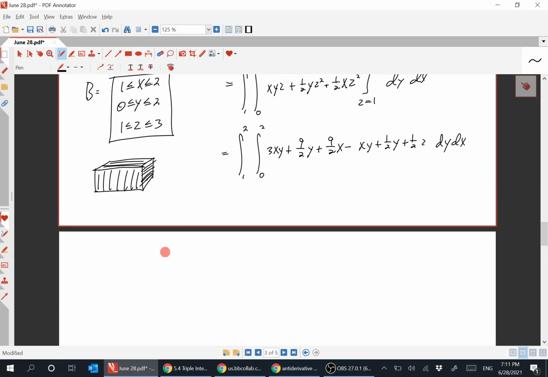So collecting like terms here, we get the double integral from 1 to 2, and then 0 to 2. So we have 3xy minus xy, that's 2xy. Plus 9/2 y plus 1/2 y, so that's plus 5y. Same thing, plus 5x minus xy there, dy dx.